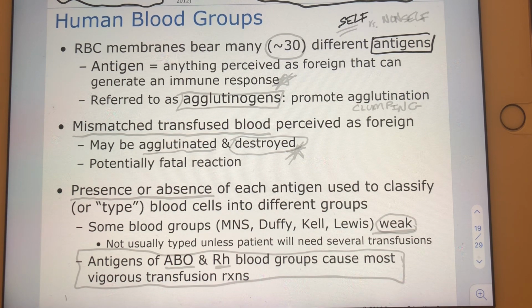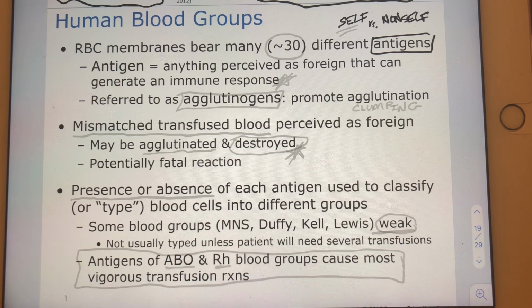And any foreign cell will feature, obviously, foreign or non-self antigens. Well, red blood cells, erythrocytes, are no exception. They have antigens, name tags all over them.